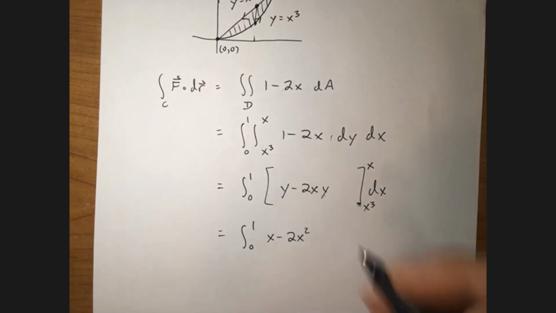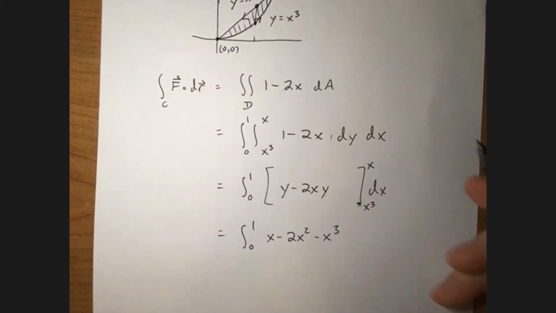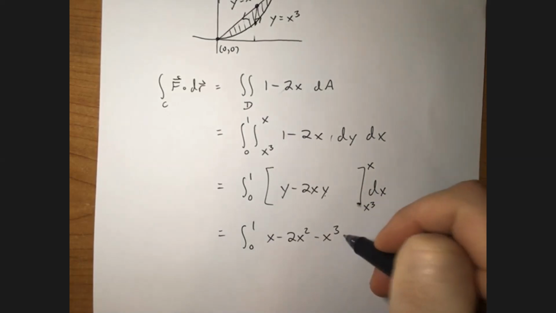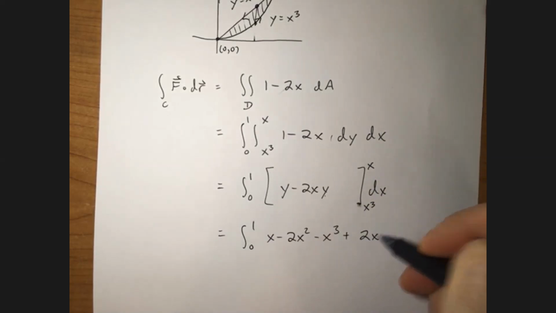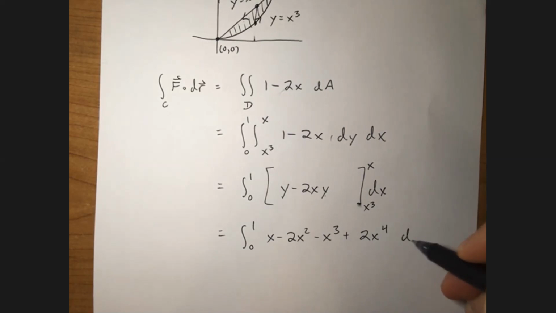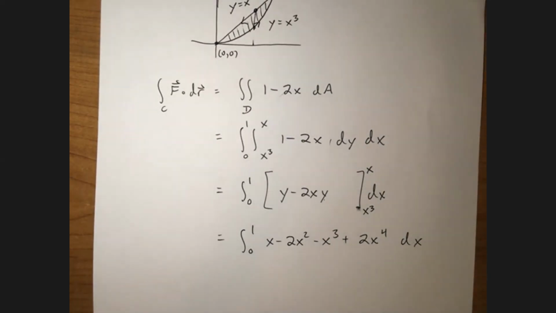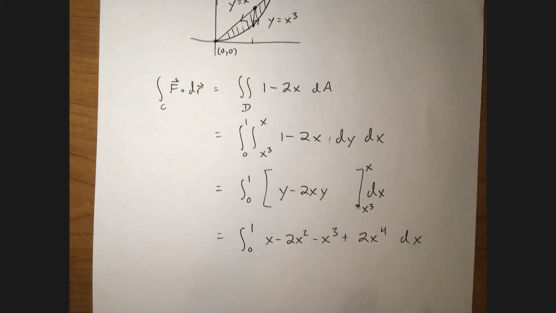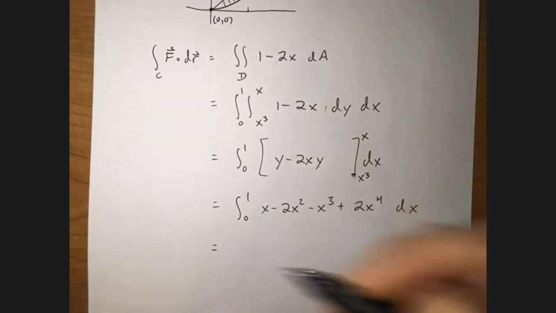So that's minus x cubed, and then I'm subtracting, so that becomes a plus 2x to the 4th. Okay? And now we are just doing this calculus 1 problem. There's this integral here with respect to x.